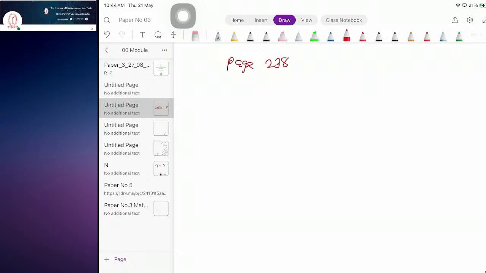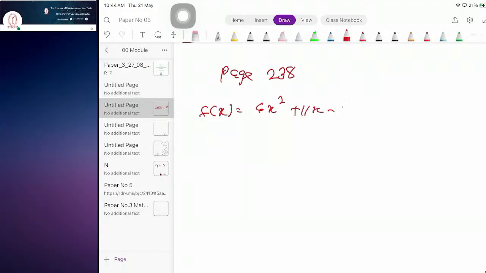Now what is given to you? The function f of x is 6x square plus 11x minus 35.